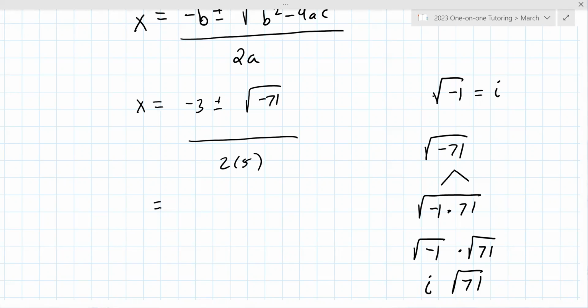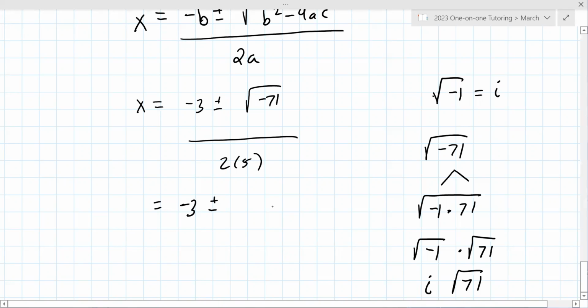Okay, very good. So this becomes -3 plus or minus i square root of 71 over 10. The i generally is put in front of the root, not to the right, because it stands out better there.